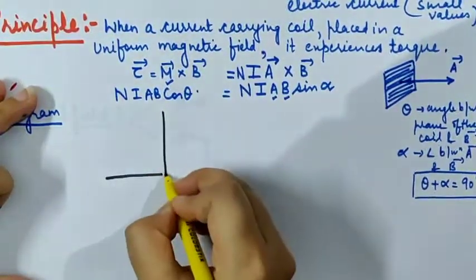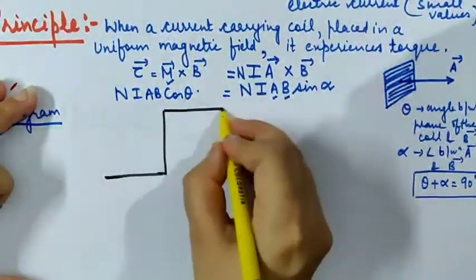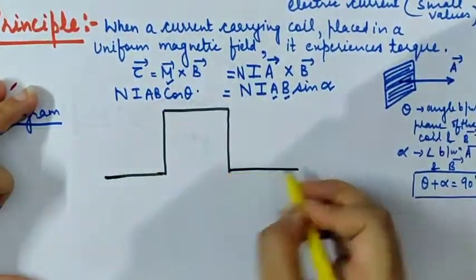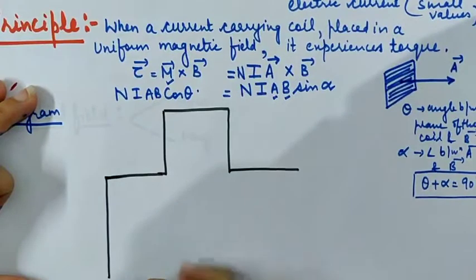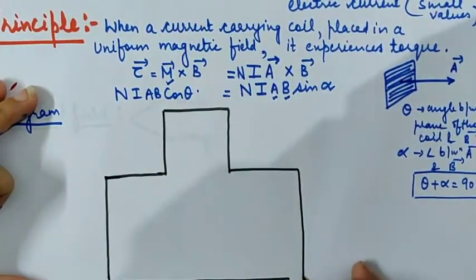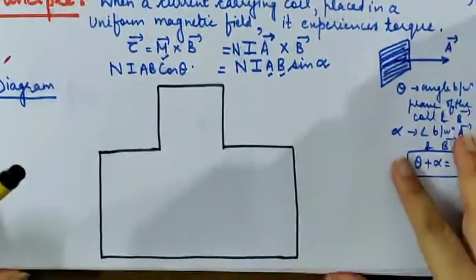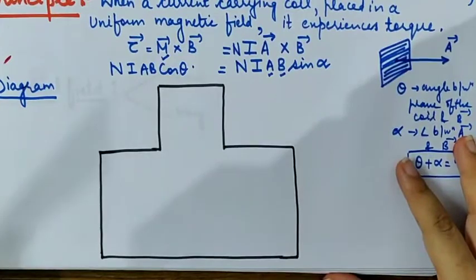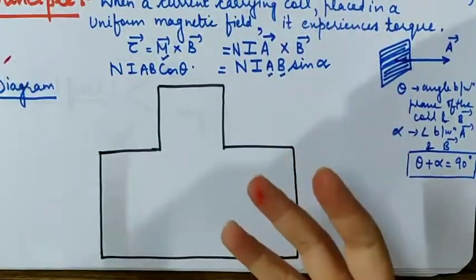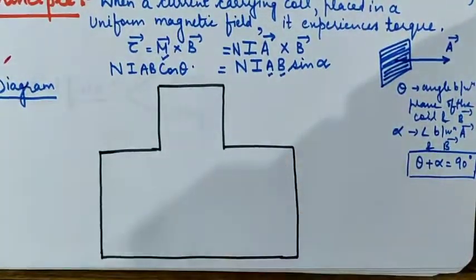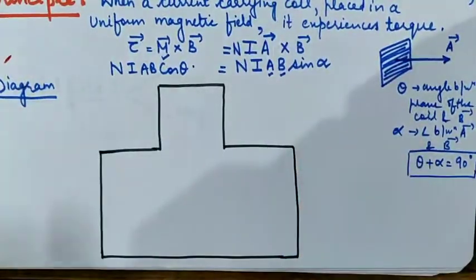Draw the outer structure like this. After drawing it, the diagram would be much easier for you. This is the outer structure of the moving coil galvanometer, mostly made up of glass or something similar.